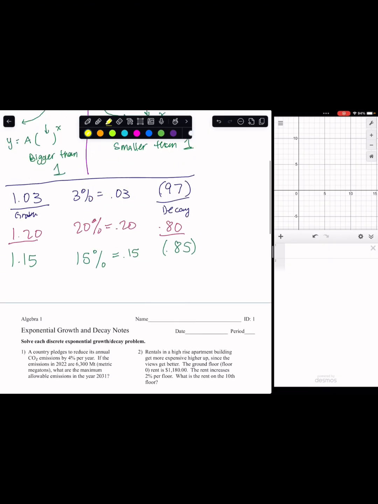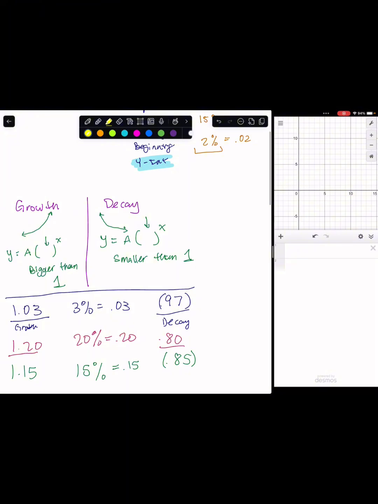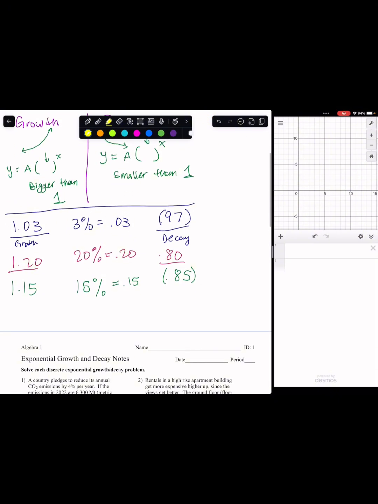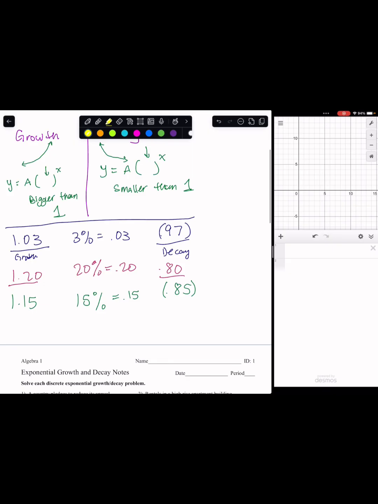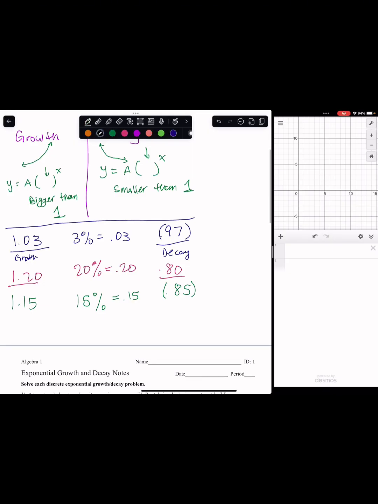Before I do that, let's talk about some words for growth and decay. Some of the words for growth might be things like increase. You might see words like climbed. You might see words like compounded.